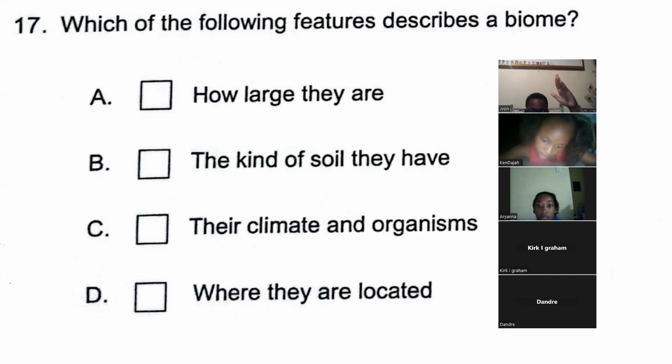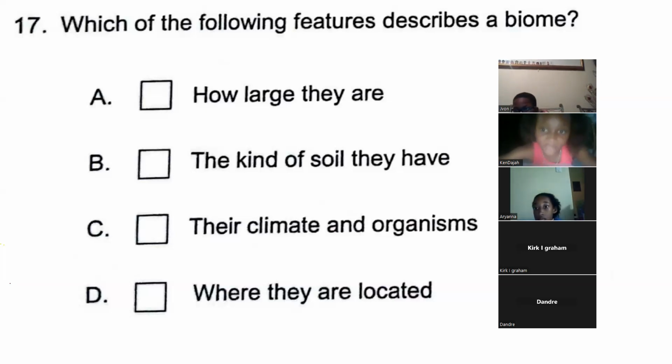Where's DeAndre? All right, I can't hear from DeAndre, so let me try. Candacia, can you read number 17, please?